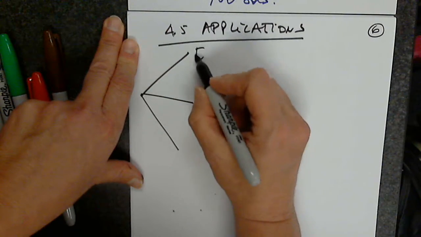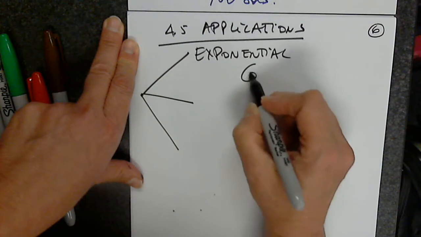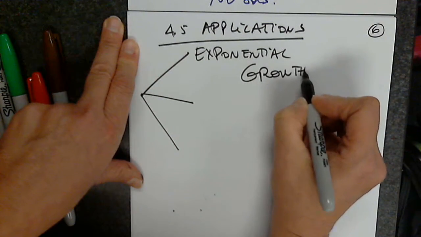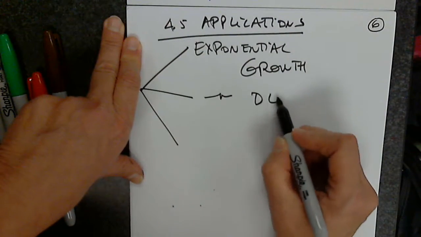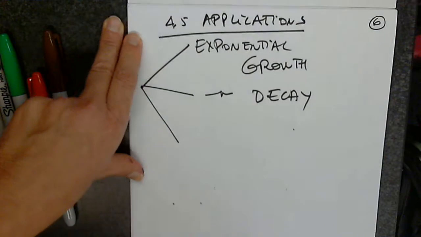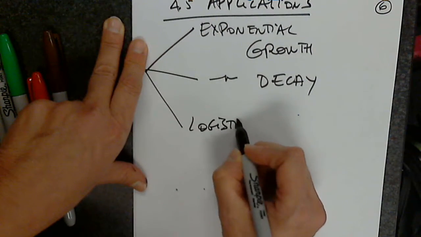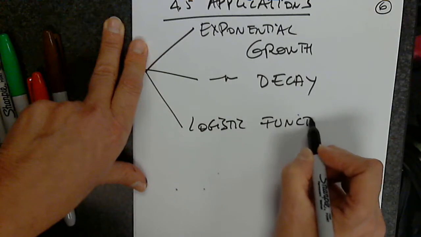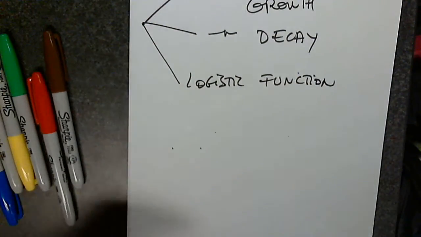One is called exponential growth. The other one is called exponential decay. And the last one is called logistic functions.